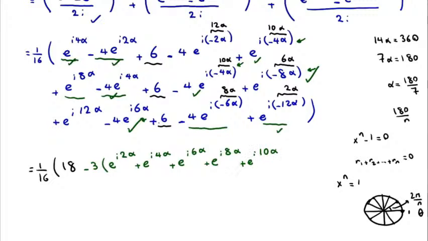And for 12α, let's see, this part 1 and another one, this one negative 4, will be negative 3 e^(i12α). And let's see, have we calculated all of them? For 8α, negative 8α here we had, and another 8α, 6α, 10α, plus 1 minus 4, negative 3. So we've calculated all these terms.